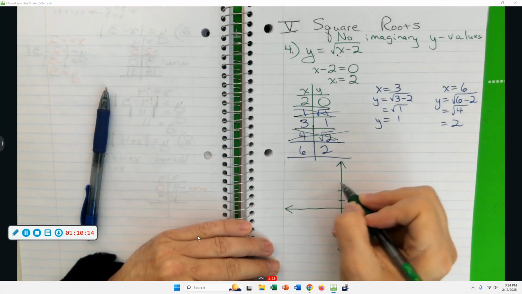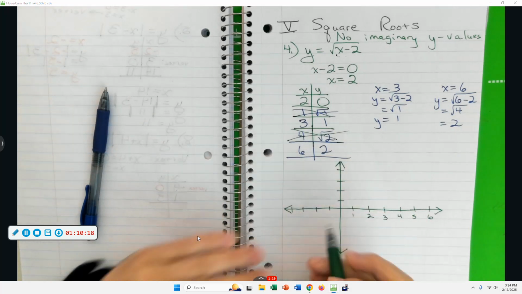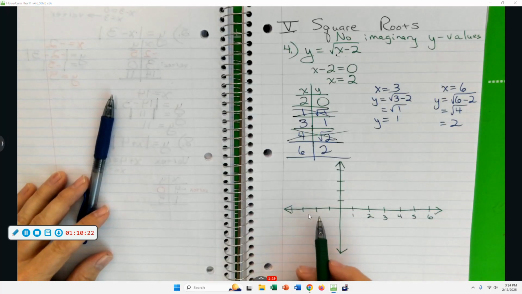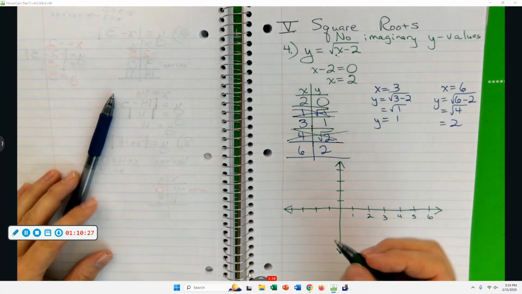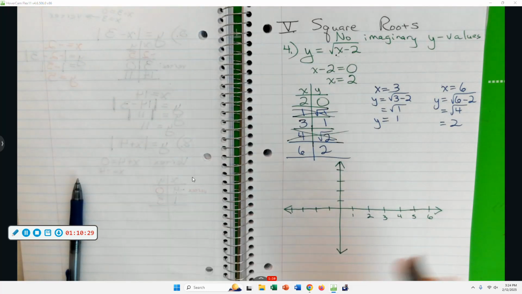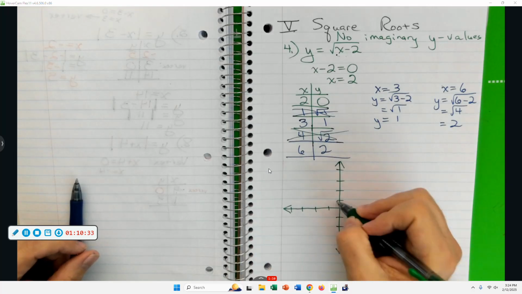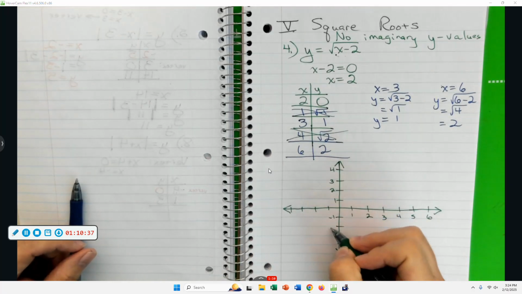Then up 1, 2, 3, 4. I'm putting some little tick marks over here to the left, but is any part of the graph going to be over here to the left? No, but I just think the graph looks more balanced if I put the little tick marks there. So that's 1, 2, 3, 4.